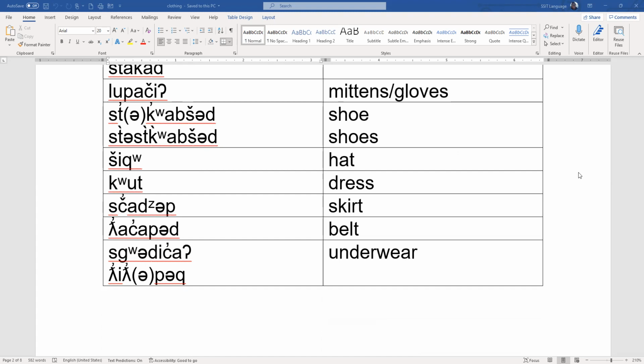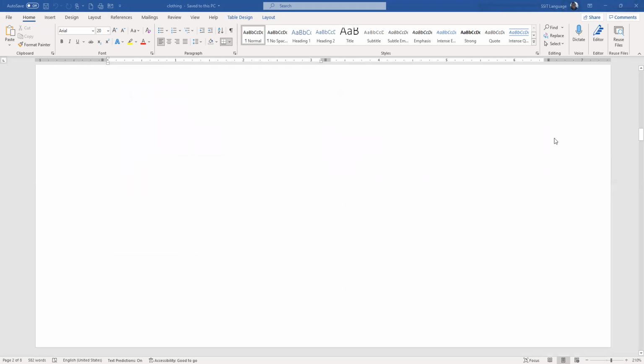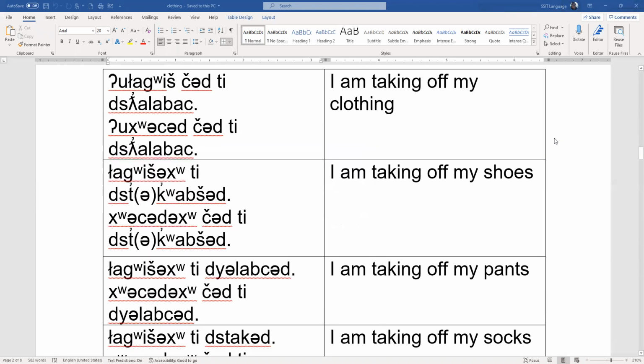Upwards. Slugwish teed, squaditza. Squaditza.